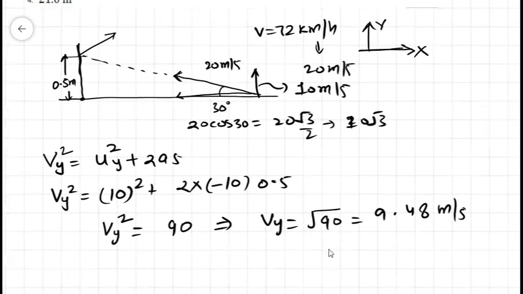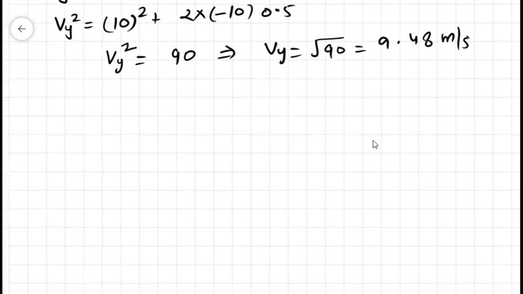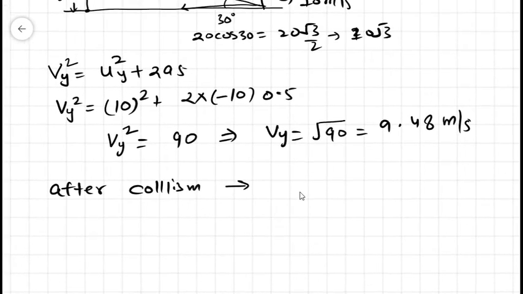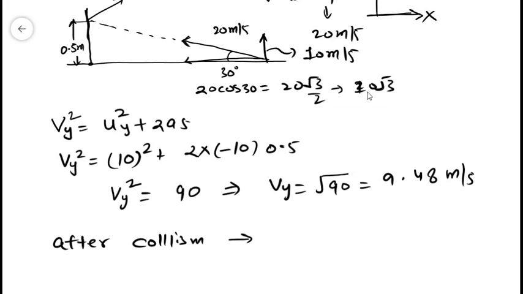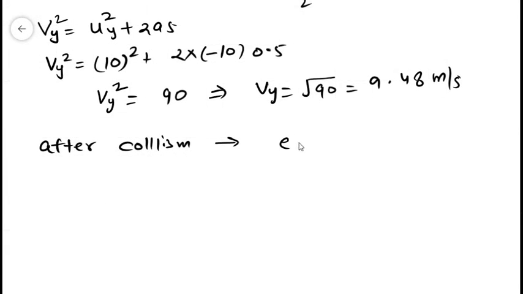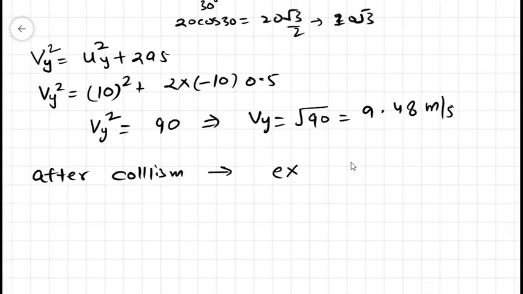Now after collision, what will happen? The x component of the velocity after collision. So after collision, the x component of velocity will be, what is the initial velocity? It is 10 root 3, and so final velocity will be the coefficient of restitution times the initial velocity.